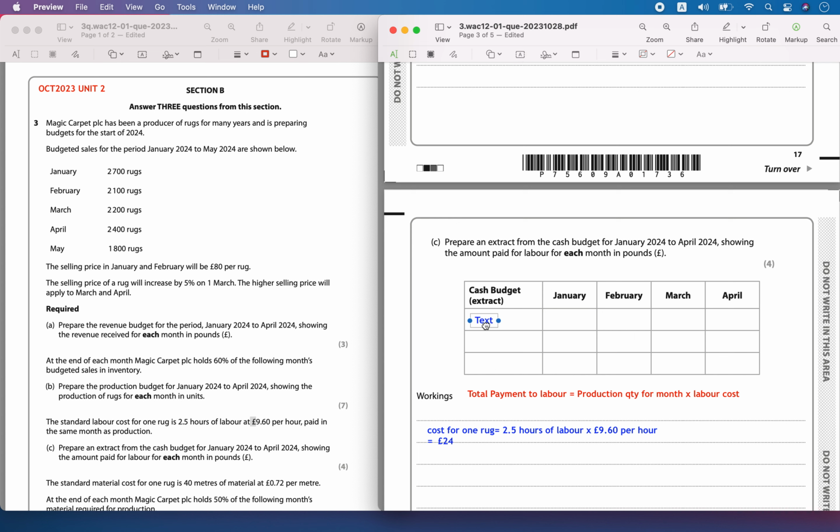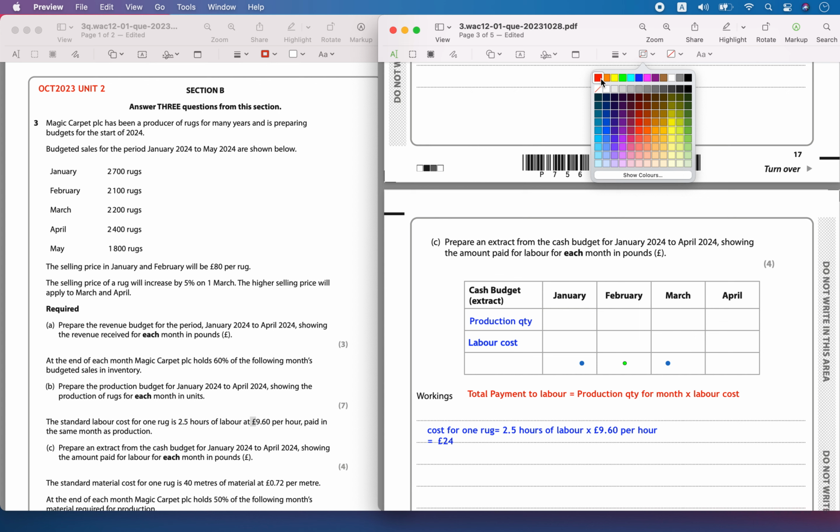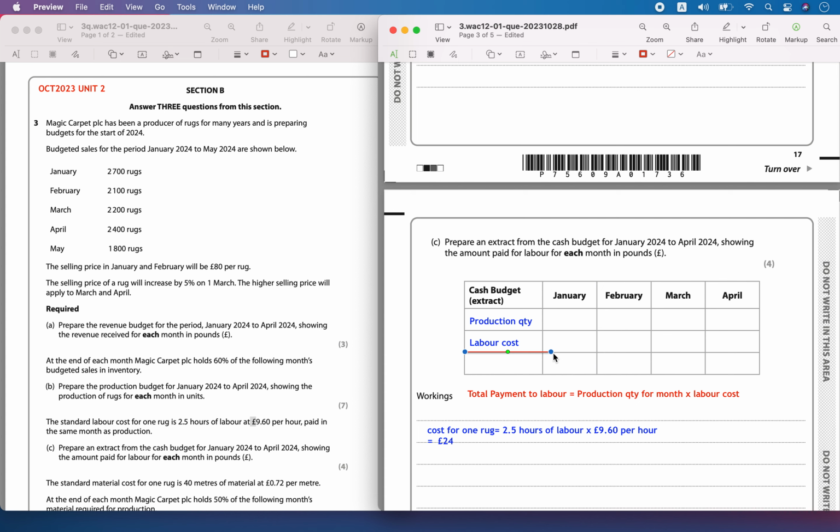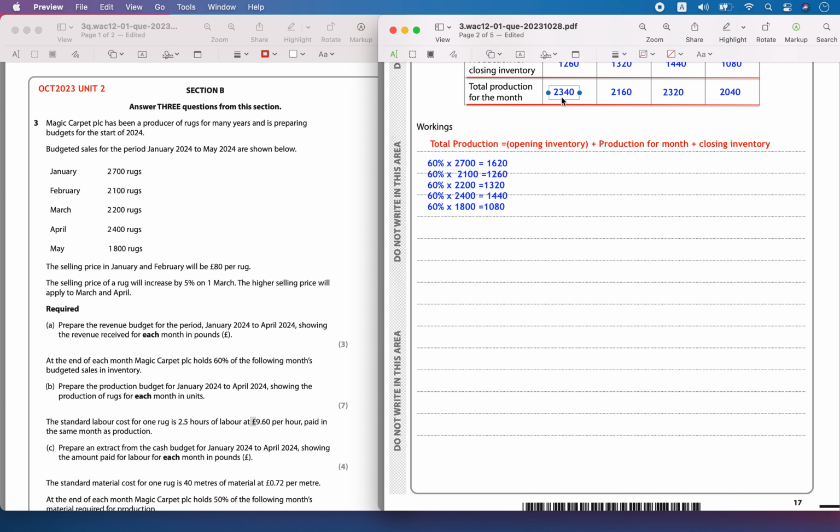So first, the production quantity that needs to be produced, then the labor cost, and then you will calculate the total labor paid for that month, for the entire quantity you are going to produce. For one rug this is the cost, but you are going to make that much quantity.